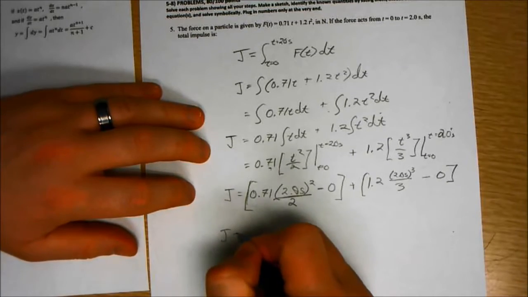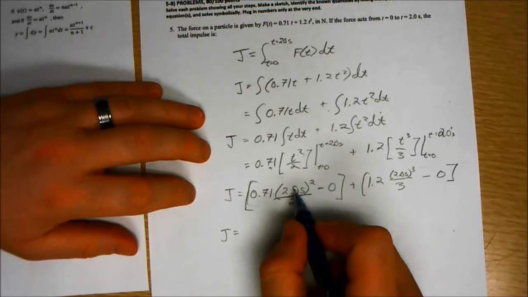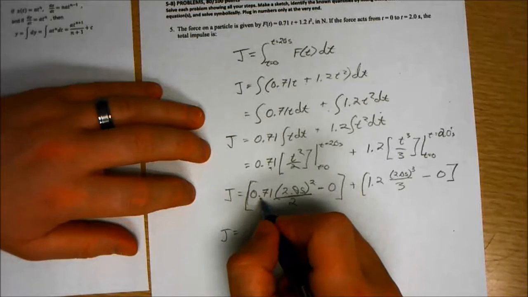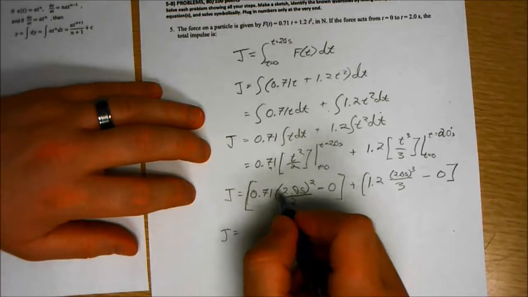So J equals, let's see, 4 seconds squared divided by 2 is 2, so 2 times this is 1.42.